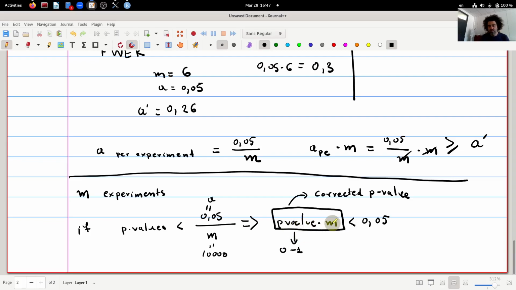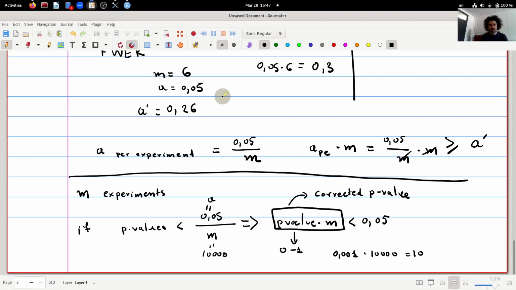For example, if a p-value is 0.001 and m is 10,000, then this number will be 10. We usually don't like to report it as a corrected p-value because a p-value should be a probability, so it should be a number between 0 and 1. Therefore, if this multiplication gives a number greater than 1, we'll just report 1.